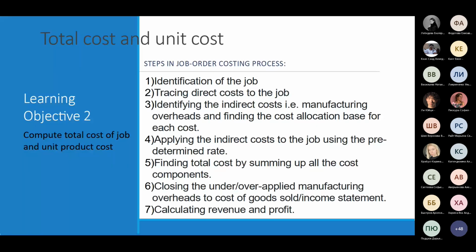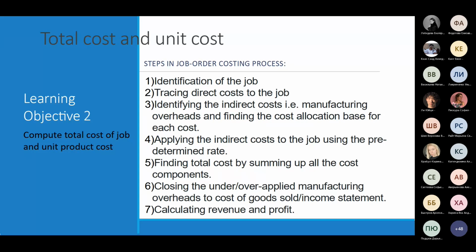If you want to do this correctly, we need to follow specific steps in order to understand the cost of the job. First of all, we have to identify the job, then trace the direct cost of the job using the transactions presented above. Then we should identify the indirect cost using the total manufacturing overhead account. Then we apply the indirect cost to the job using the predetermined rate.